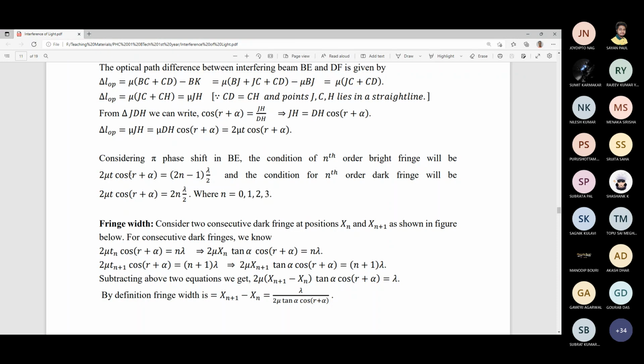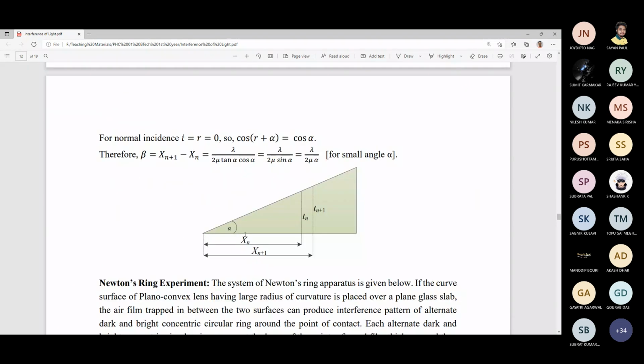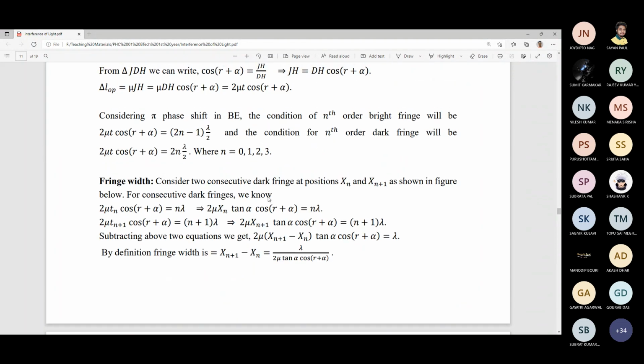Now, from the condition of maxima and minima, what is the fringe width? That is the width of a maxima and a minima, and that fringe width we need to calculate. To calculate the fringe width, we consider this picture. This is the angle of wedge, alpha. Now we consider two consecutive minima.